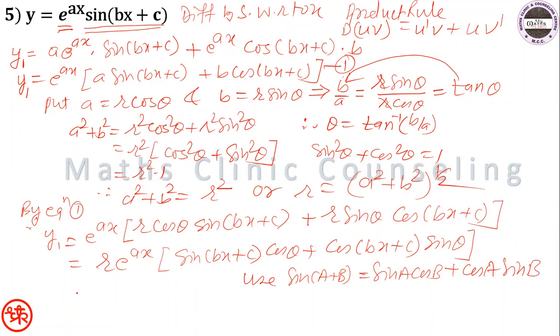Okay, so it is equal to r e to the power ax into sin of bx plus c plus theta. Okay, so this is y1, this is equation number 2.